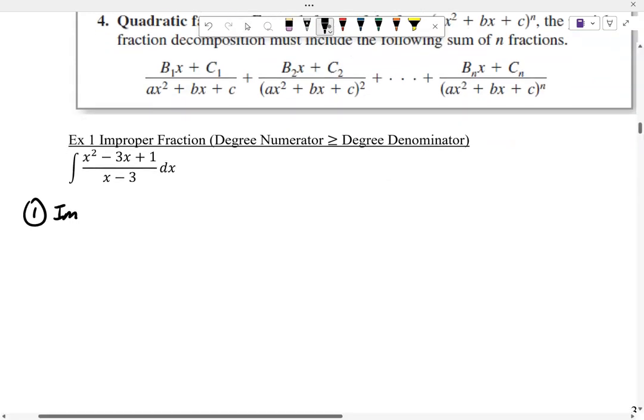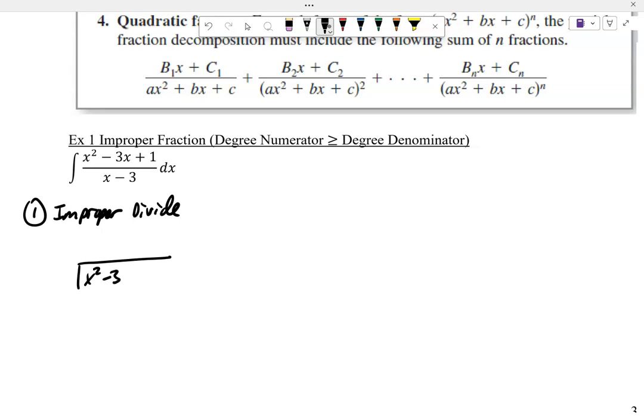So if it's an improper fraction, then divide. So we're going to go, okay, x squared minus 3x plus 1 divided by x minus 3. So what times x gives me x squared, right? And I say that'd be x.